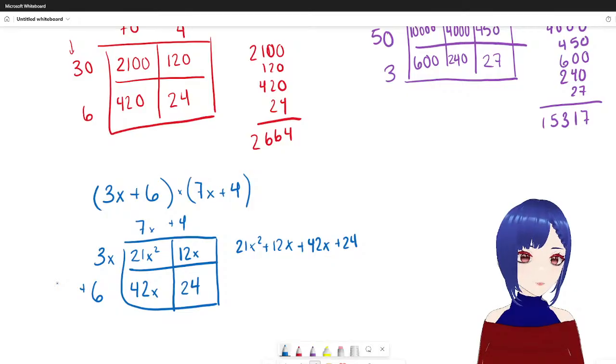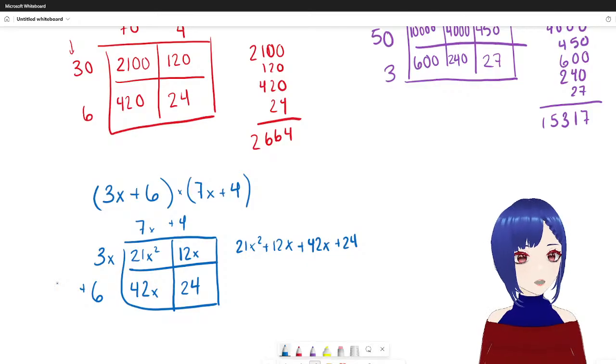Now we have that, and we can combine like terms. We're looking for like terms. I actually talk a little bit about like terms in a future video, so that'll be uploaded later.